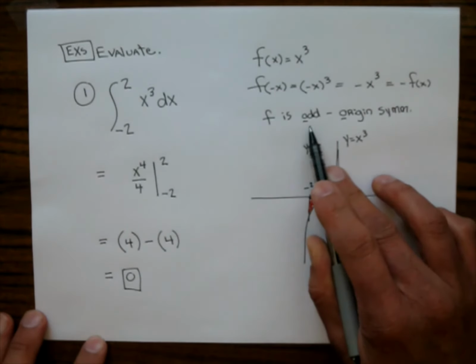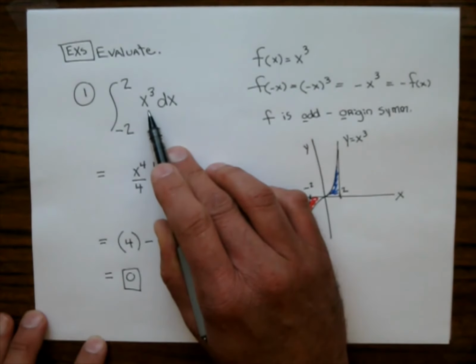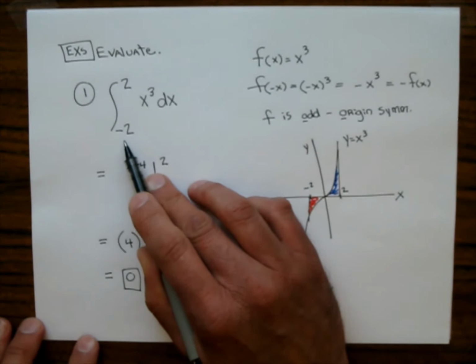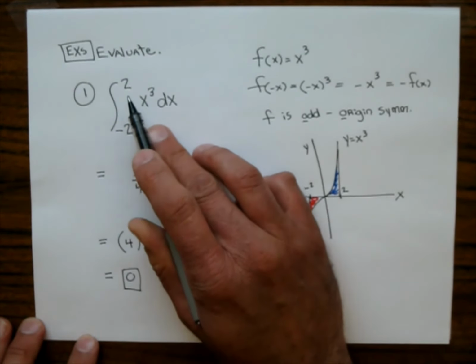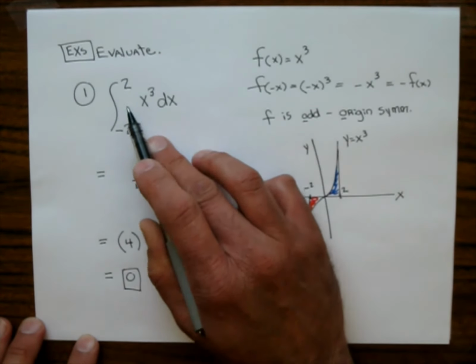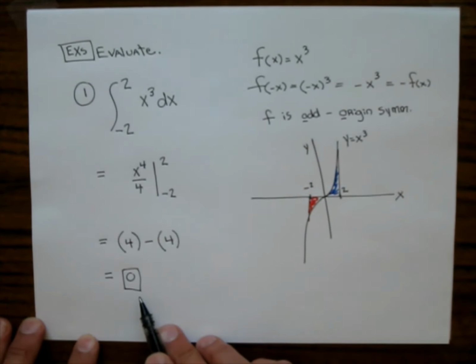So this happens with odd functions when you're integrating from like negative 2 to 2 or negative 5 to 5, when you have opposites there. When you have opposites, you'll end up getting 0.